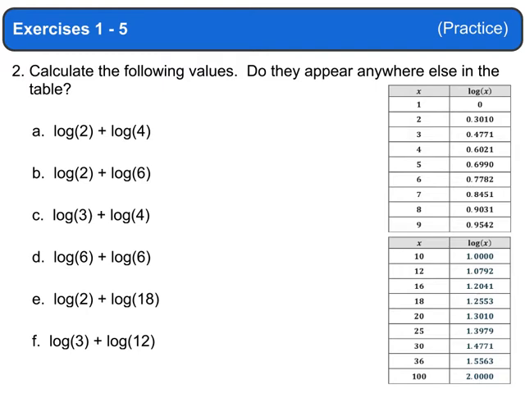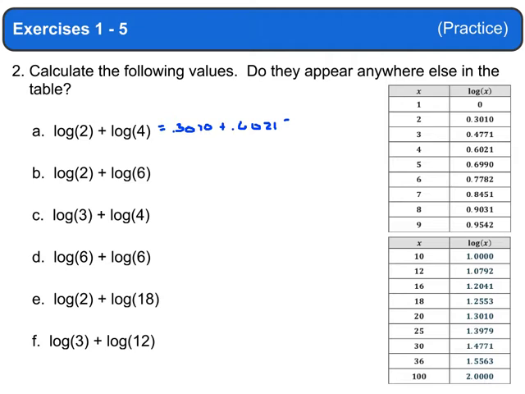Do they appear anywhere else in the table? We'll start by looking at this. They say log 2 plus log 4. So we're going to look it up. Log 2 says 0.3010. We're going to add that to log 4, which is 0.6021.